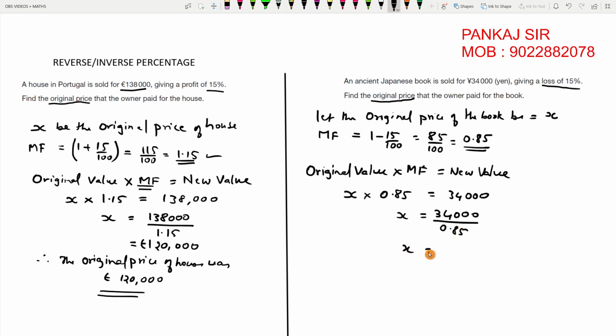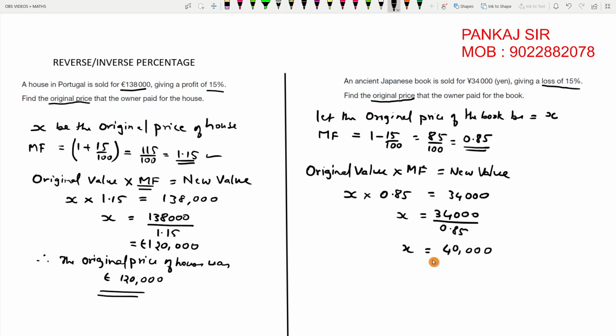And this will work out to around, let me check that, 34,000 divided by 0.85 should give me 40,000. So the answer that I'm getting is 40,000.